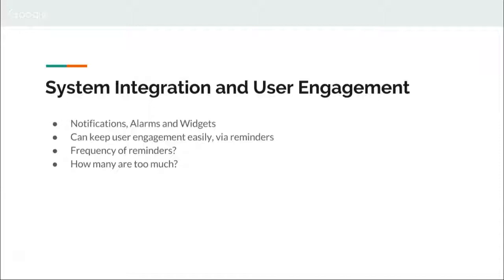Maybe in the case of a game where you have an energy meter, the user may want to be informed when the meter is restored so they can continue playing. We have to take care of these things because an effective app should be engaging for the user but not annoying. That is a problem because if many users uninstall them, we will get bad reviews. We won't be able to grow the user base.